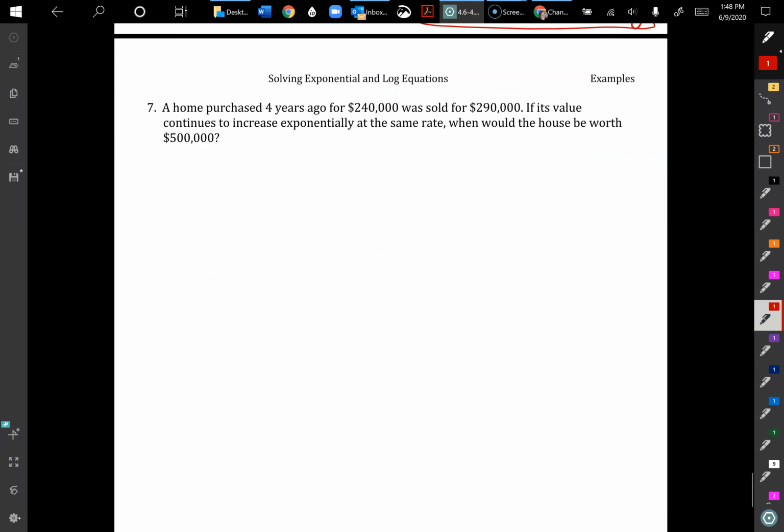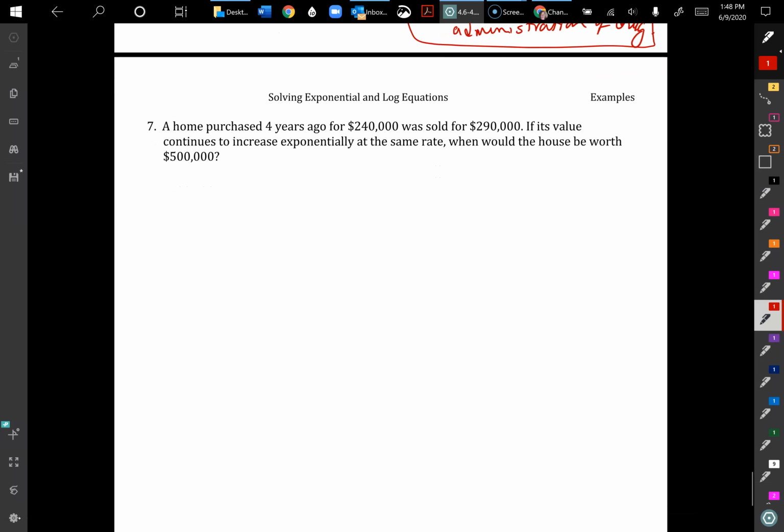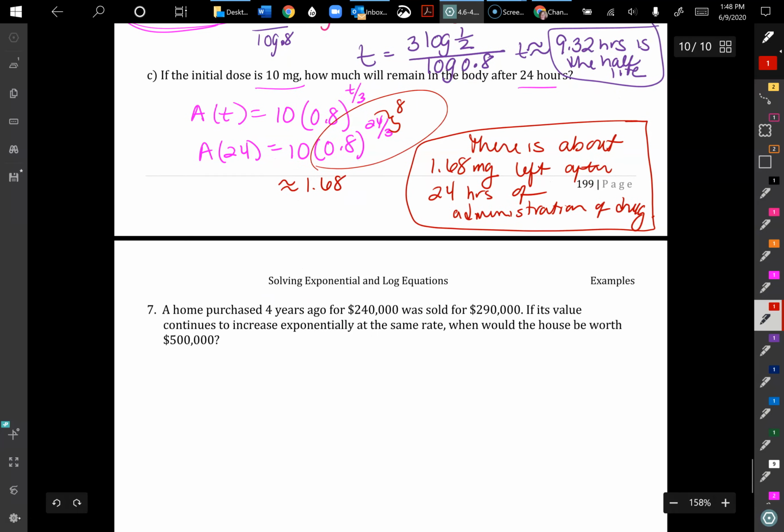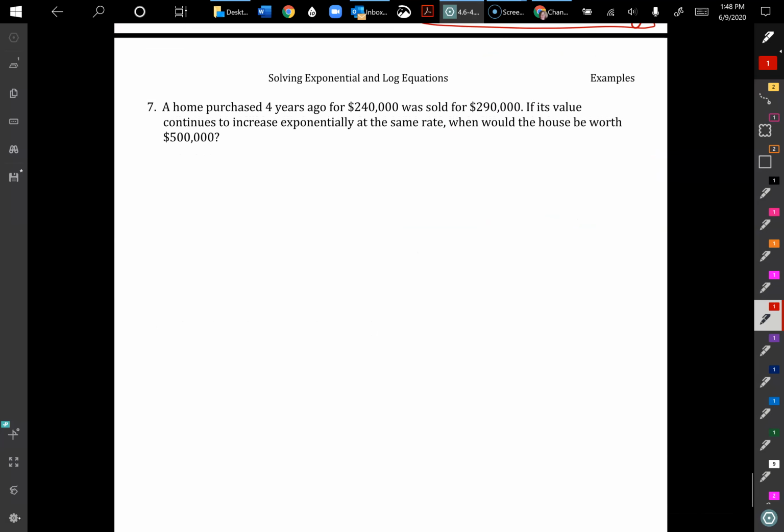So we're coming on the last problem here. Yeah, awesome. So last one is number 7, a home purchased 4 years ago for $240,000 was sold for $290,000.